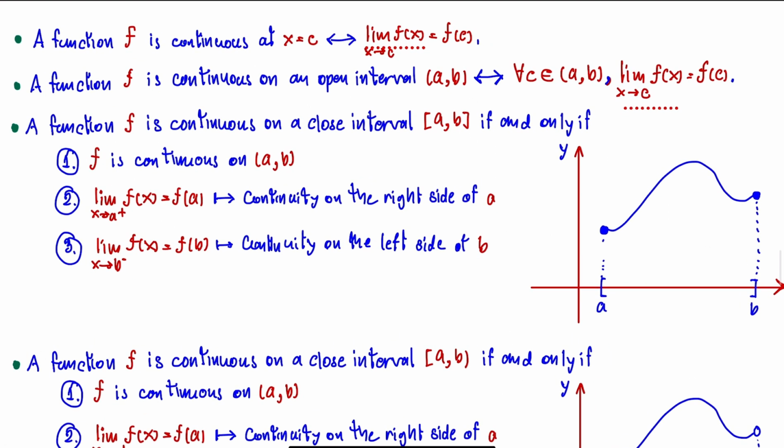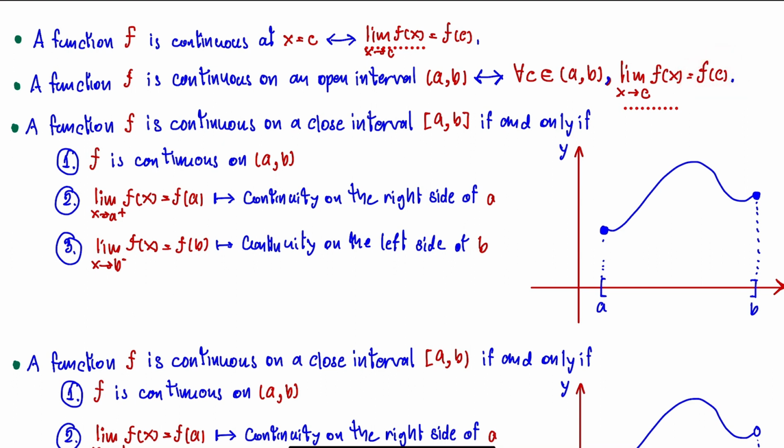Okay, and we have the function f which is continuous on an open interval from a to b if and only if for every point in this interval, let's say this point is c, then the limit of f of x as x approaches c equals f of c.